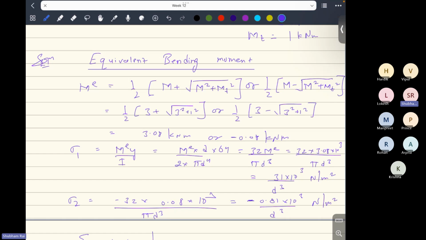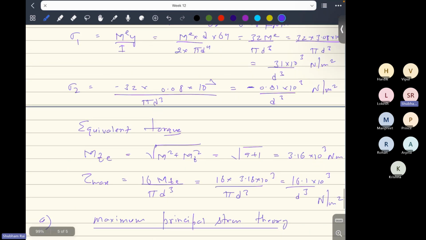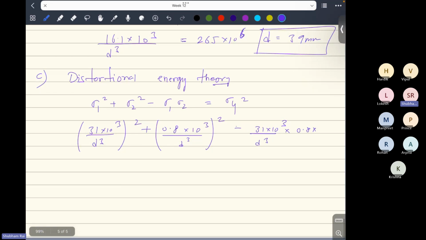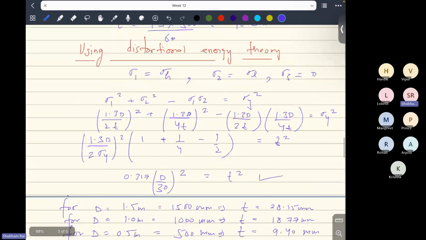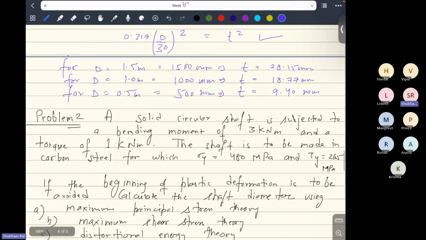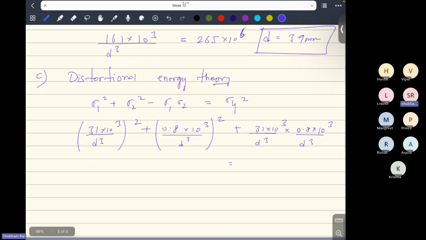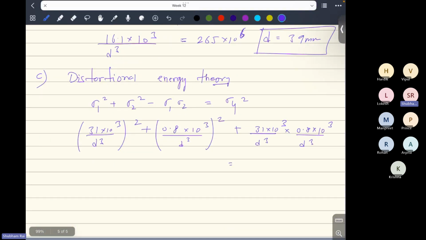Because second equivalent torque is negative, second equivalent bending moment is negative, this will be minus. So here it should be plus. Okay, and if this is plus, so you should get 28 into 10 to the power 3 divided by d cube. Anyway, so that should be equal to sigma y.